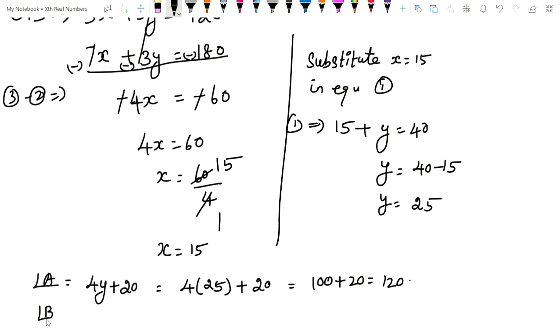Next, angle B equal to 3y minus 5. Okay. Now 3 into the y value 25, minus 5 equal to 75 minus 5, you will get 70.